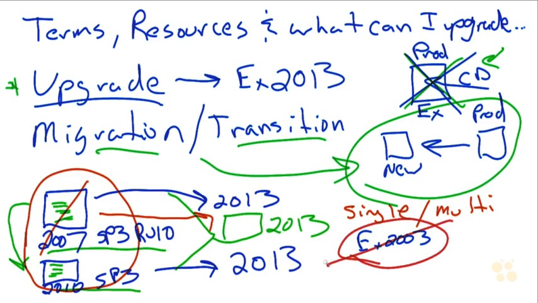No soup for you. Yeah, no, you can't. Now, let me put it this way. You might be going, well, wait a minute, what am I going to do? It's actually not that bad, although it's going to sound horrifying. Here's the deal. There is no direct upgrade to Exchange 2013.